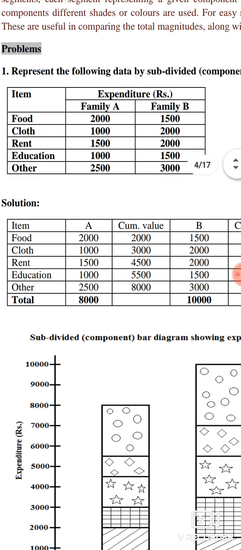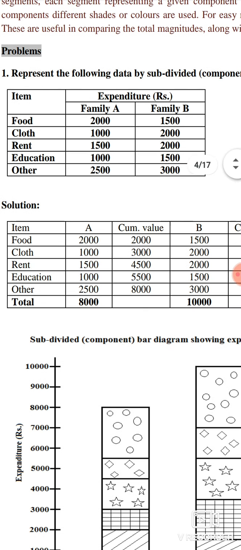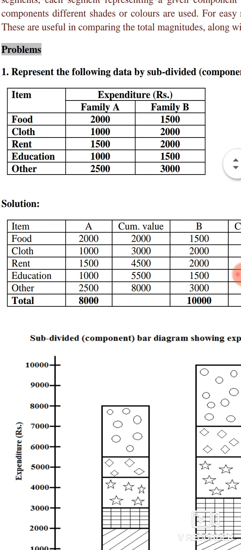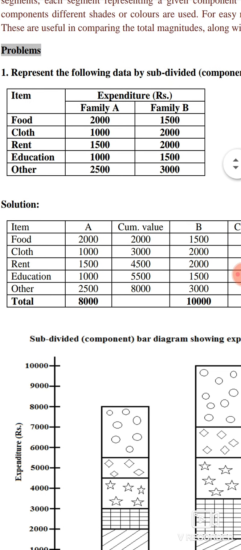Family A spends 2000 rupees for food, 1000 rupees for cloth, 1500 for rent, 1000 for education and 2500 for others. And family B spends 1500 for food, 2000 for cloth and 2000 for rent, 1500 for education and 3000 for others. Then let me go with the solution.